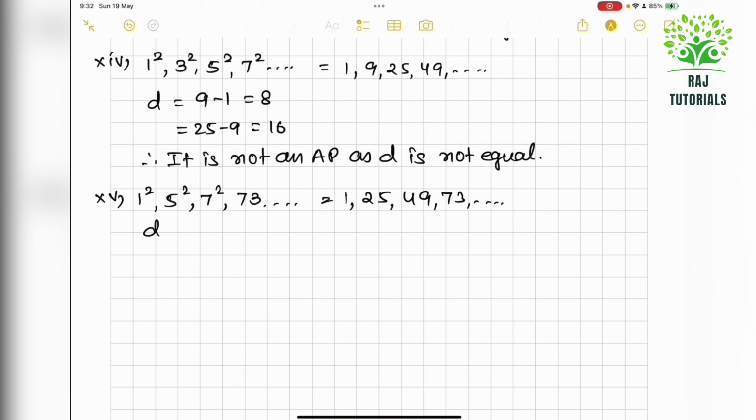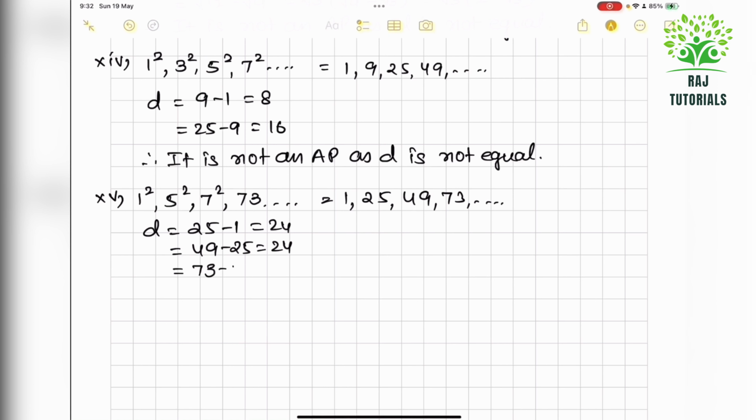So see, D will be 25 minus 1, that is 24. 49 minus 25, so that also is 24. 73 minus 49, so 24. Therefore, it is an AP with D equal to 24.